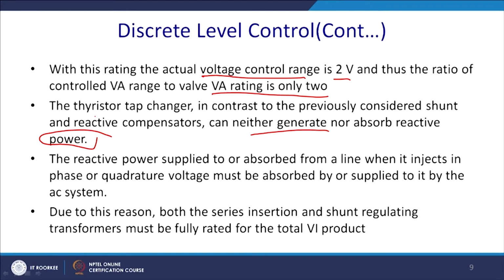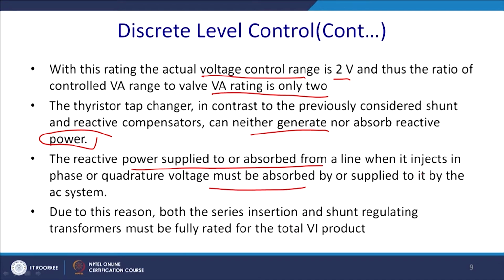Okay, so they cannot control the real power. The reactive power supplied or absorbed from the line when it injects in-phase or quadrature voltage must be absorbed or supplied by the AC system or load.